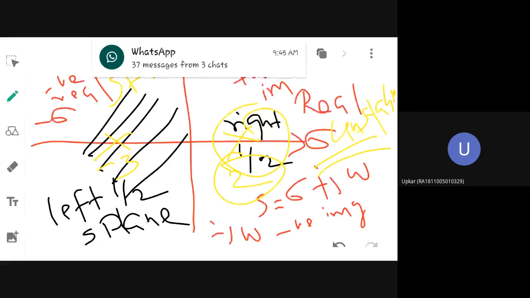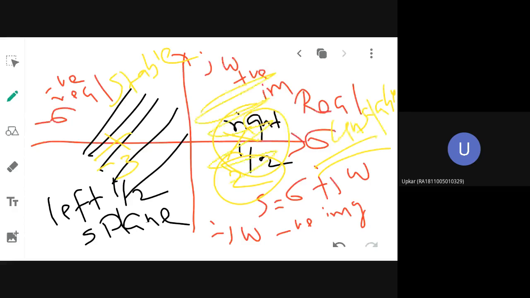This region is called the unstable region, right half. This region is the stable region, left half. Sometimes the root will be located on the imaginary axis. In that case, it will be called marginally stable. So three cases: stable, unstable, marginally stable. Okay, so let us discuss one more problem.